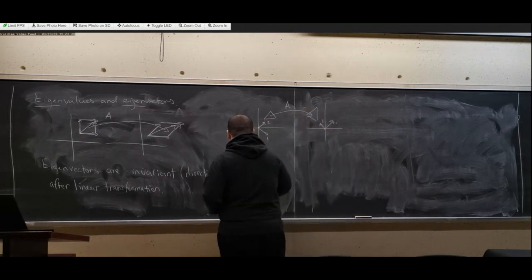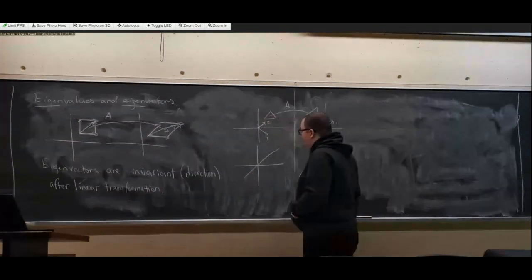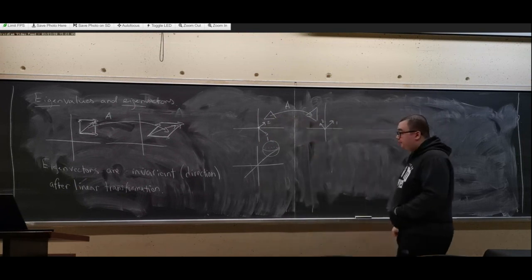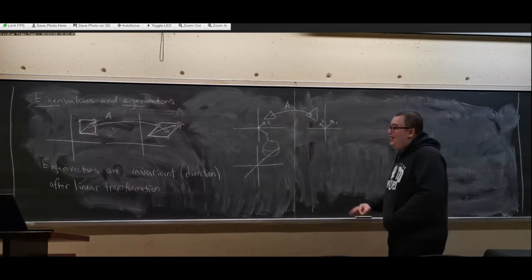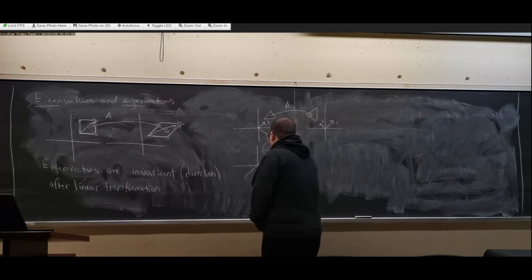So if I have something in R3, and let's say a sphere here, and under the linear transformation, I get a circle on R2. I get the shadow of it on R2.